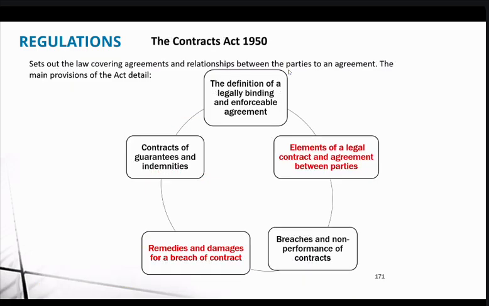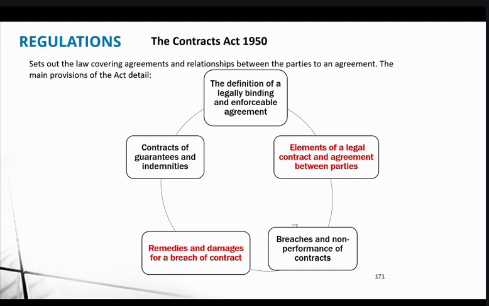Here in slide number 171, this is contract law. So these are the scenarios that apply for contract law. You can write this down.